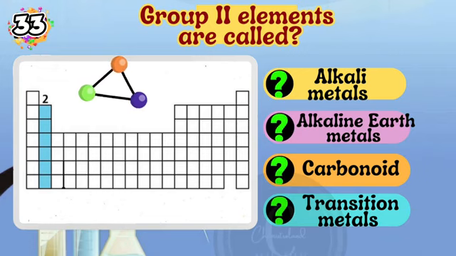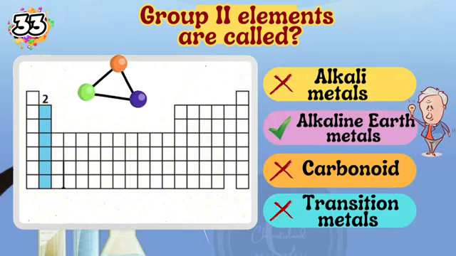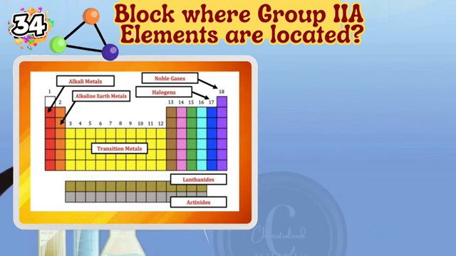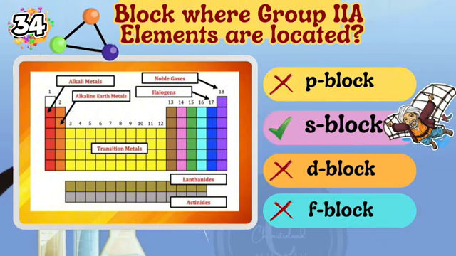Elements of group 2 are called... alkaline earth metals. Block where group 2 elements are located. Yes, group 2A resided in S block.